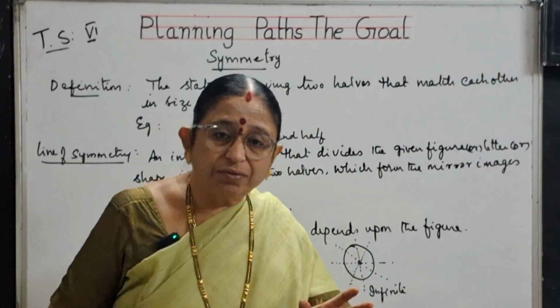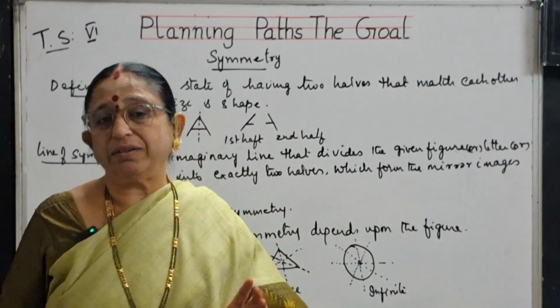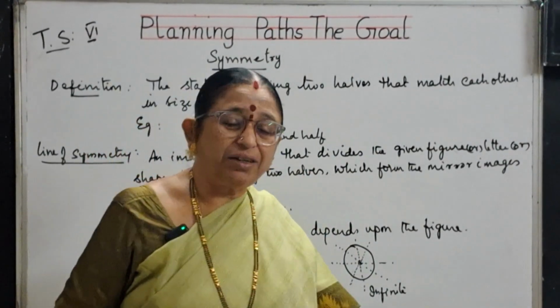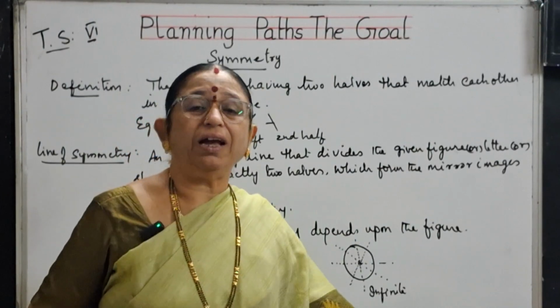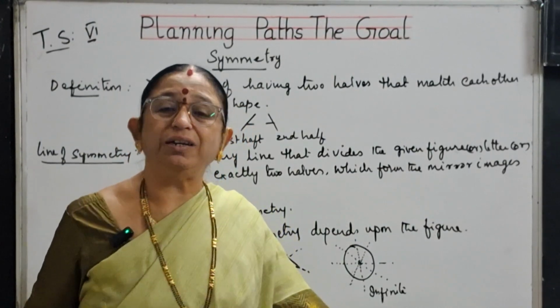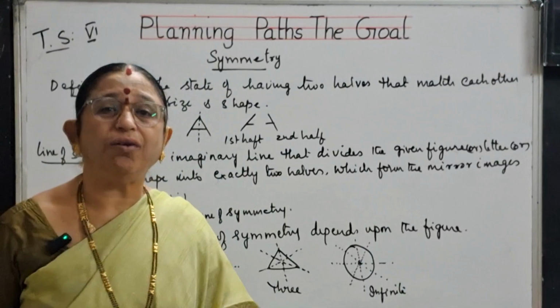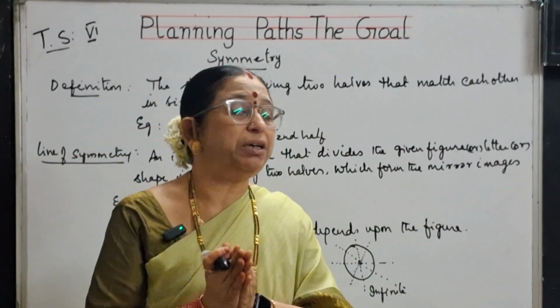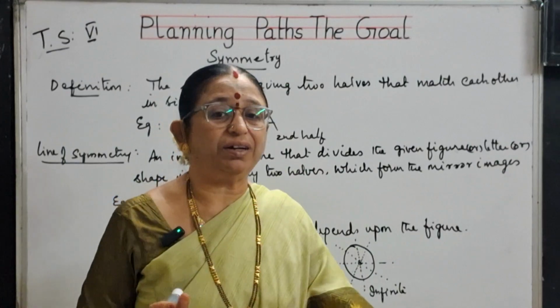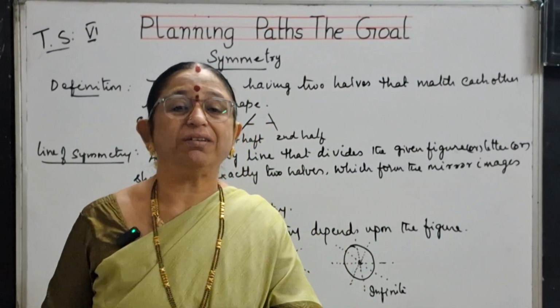If the figures, the letters, the shapes that are given to us can be divided into two exactly half parts in such a way that they become the mirror images, then we will say that they are observing the symmetry.